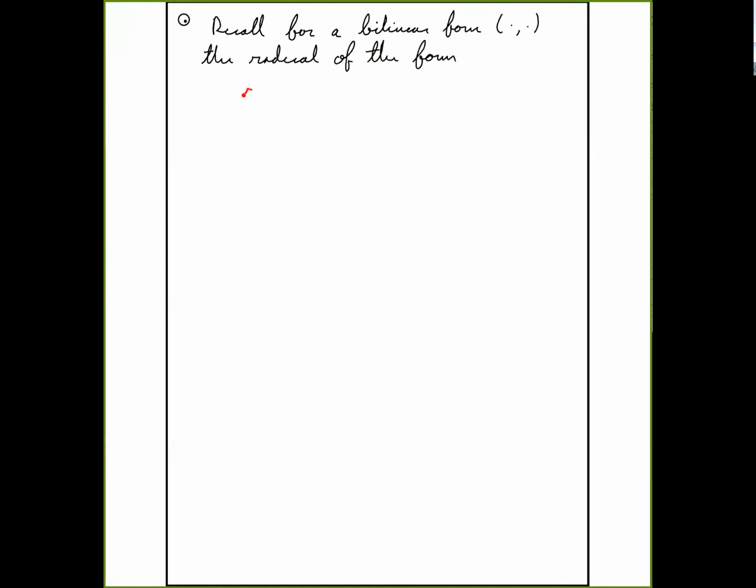I'm going to write A perp. I'm assuming my form is on A. A perp is the set of v such that v is perpendicular to x for all x in A. And actually, this is a subspace.